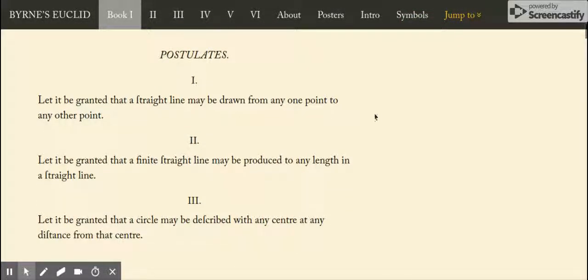People used books like this, really this book in different versions, for a long time. This was the standard geometry textbook in many countries for centuries.